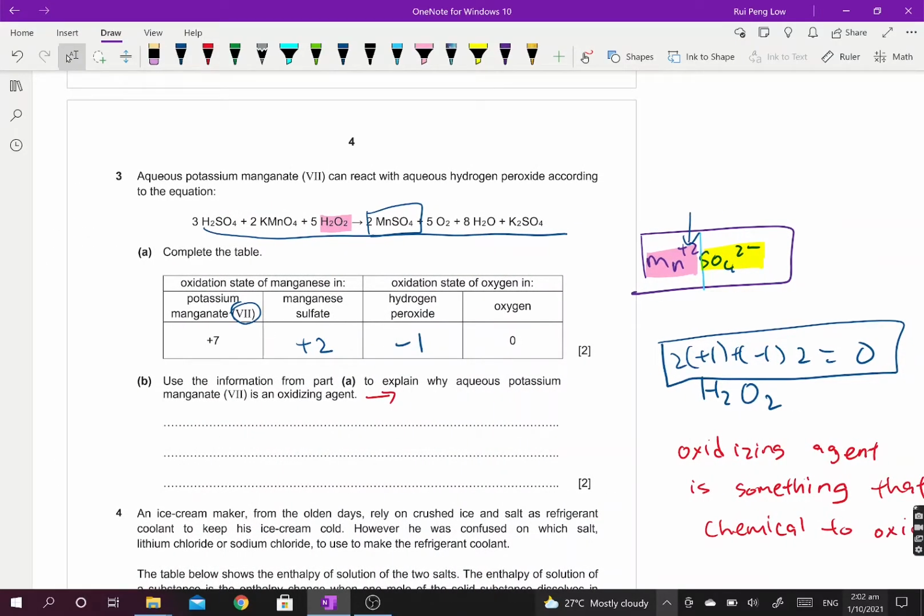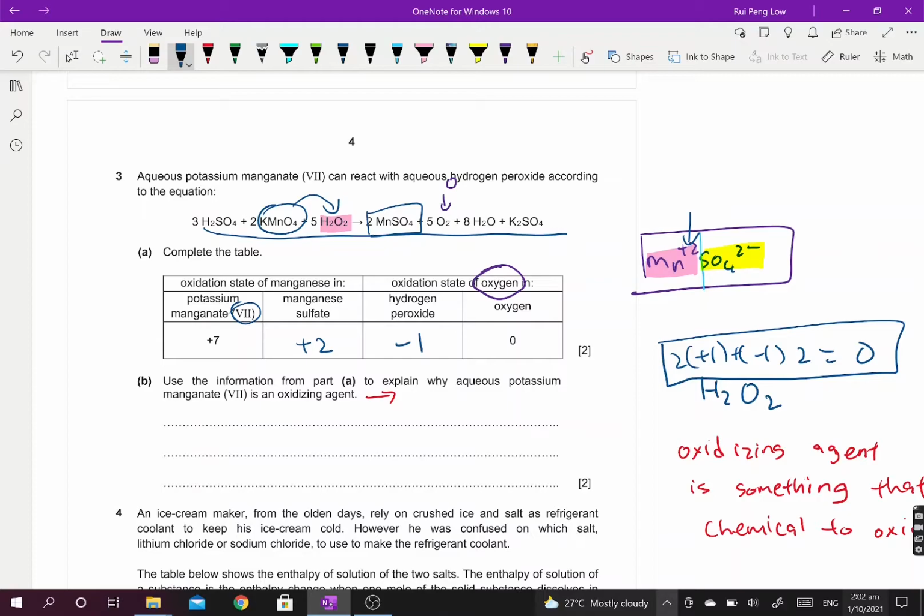In this case, let's see whether there's any oxidation. So, very obvious, your oxygen has oxidized from -1 to 0. Okay, so in this case, this is 0. All right, and how does it oxidize? Because potassium manganate causes the oxygen in hydrogen peroxide to oxidize.